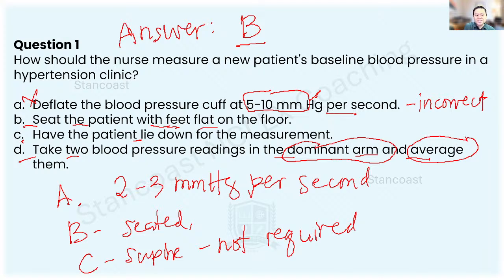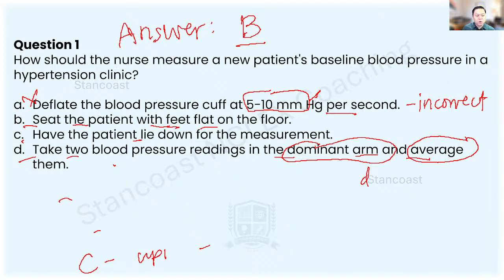And this is not going to be consecutive like one after the next. The reading should be done at a different time. Letter D is wrong because you're not supposed to average the readings.